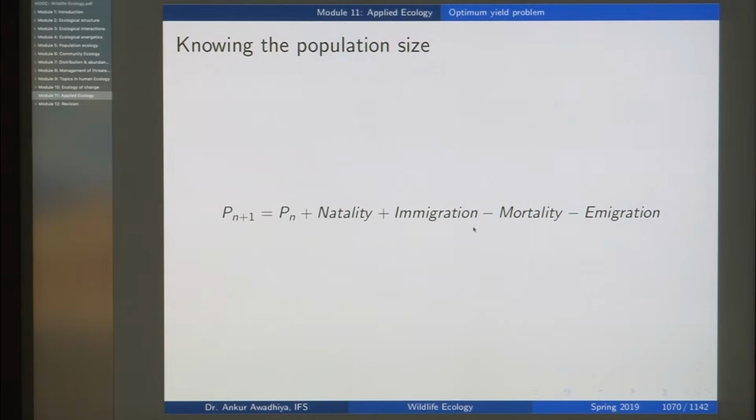Now, we want to know what is the sustainable size to which we can go for the poaching or removal of these animals. So, we began with the population size. Population size in the n plus 1 generation is the population size in the nth generation plus number of births minus number of deaths plus number of animals that came in from outside minus number of animals that moved to some other areas.